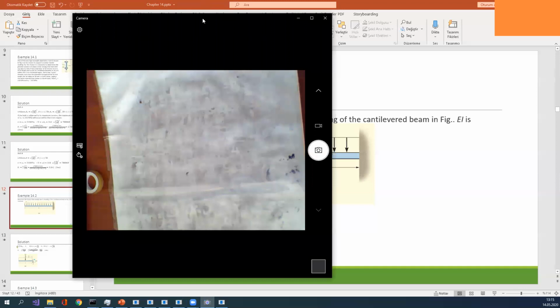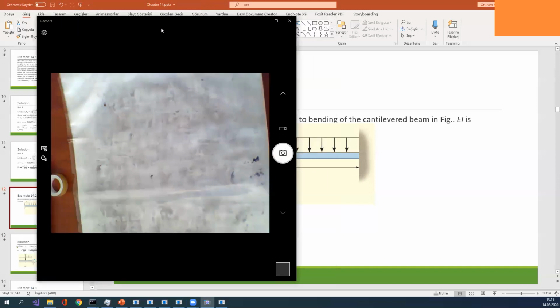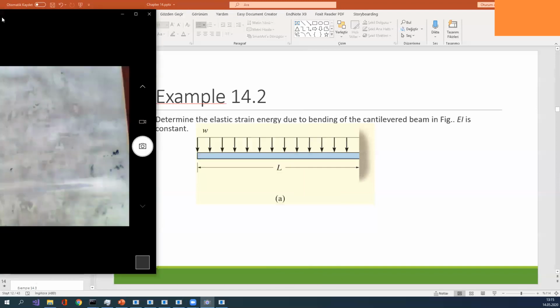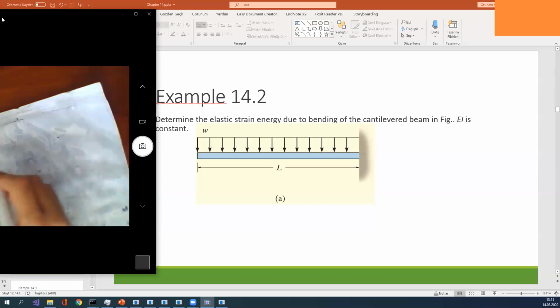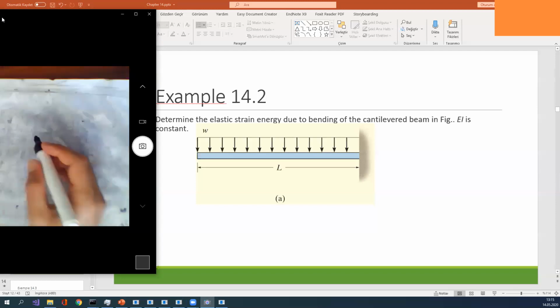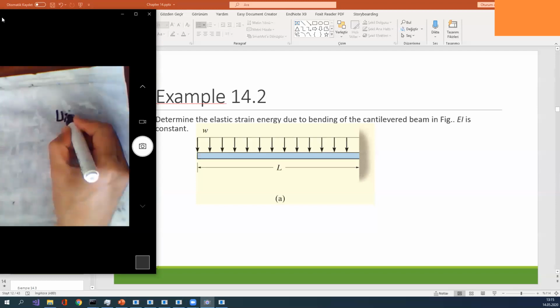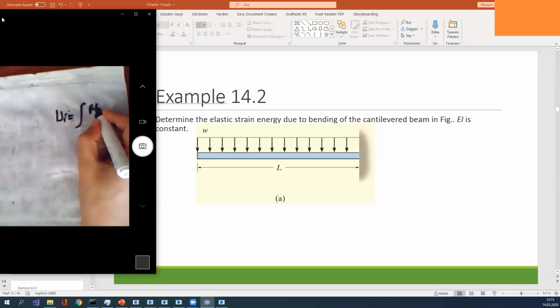Sorry, I have enough space in here. Maybe I can use this part. Okay, so I said Ui is equal to the integral of M(x) squared divided by 2EI dx.